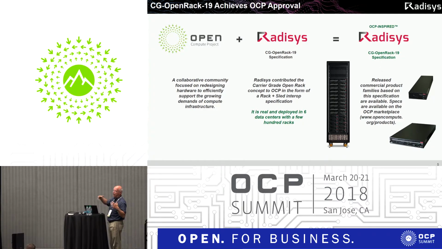We've shipped hundreds of racks. Within those, we've shipped thousands of sleds of different types. And all of those are actively running, carrying customer traffic. So these systems have been up and running for years. So I don't want you to get the idea that this is new or it's undeveloped. This has been running.